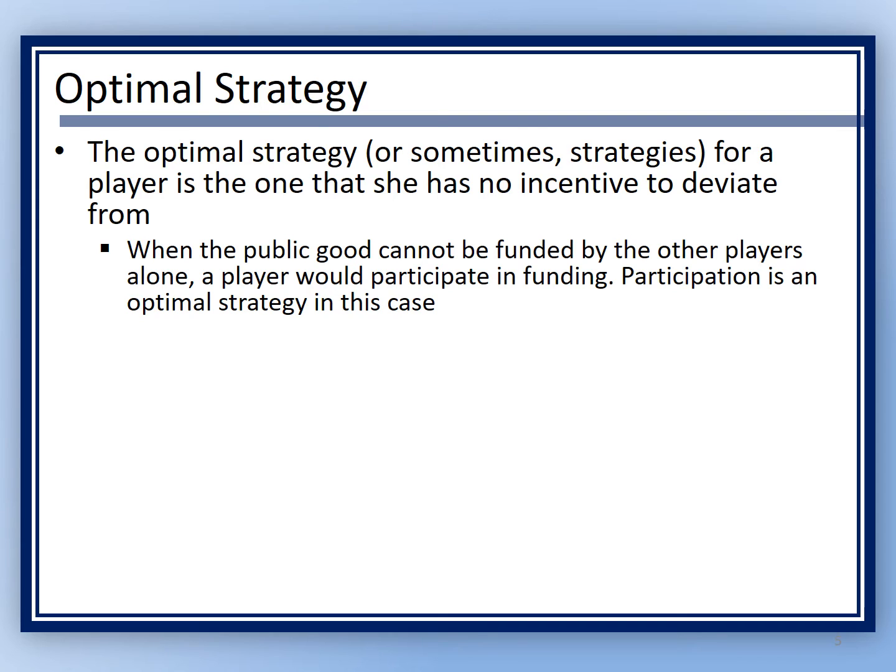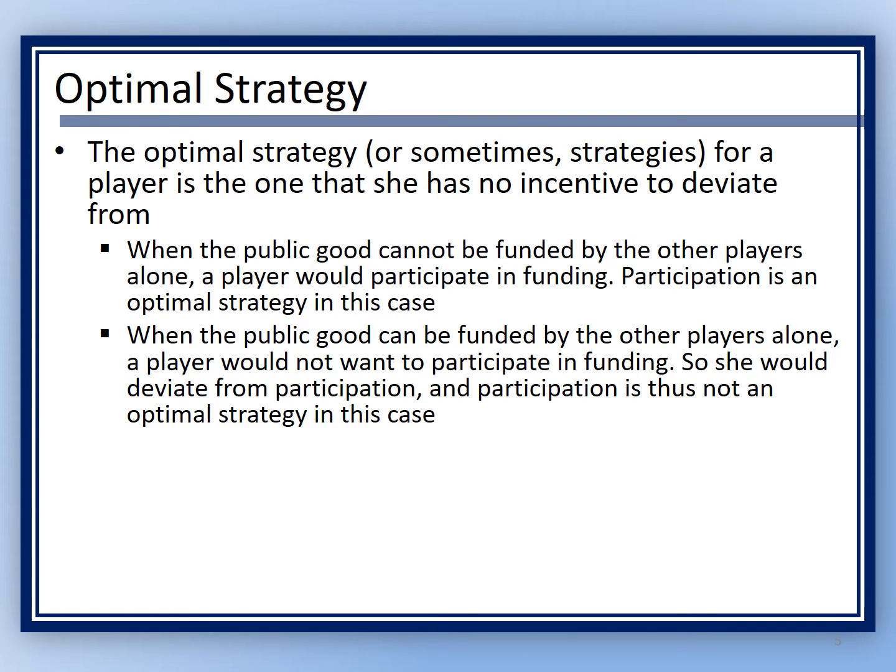But if the public good cannot be funded by the 2 other players, your participation is actually better, because that would allow the public good to be provided. So what is an action that is optimal to take in one scenario might not be optimal to take in another scenario. If you participate, maybe I don't need to participate. But if you don't participate, I need to participate. Something like that. So what's the optimal action depends on the scenario.